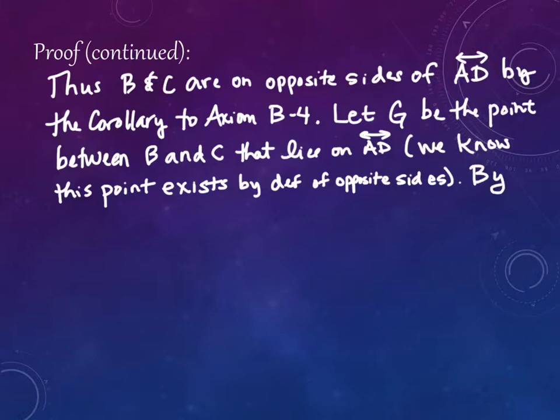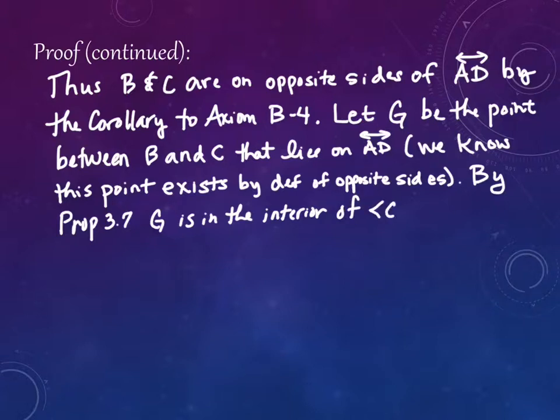By proposition 3.7, G is in the interior of angle CAB.